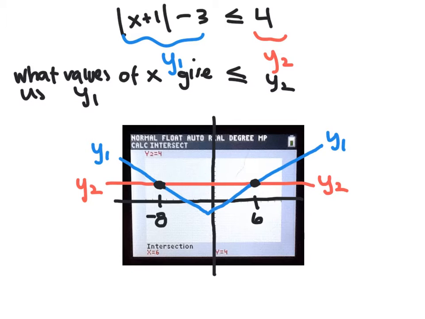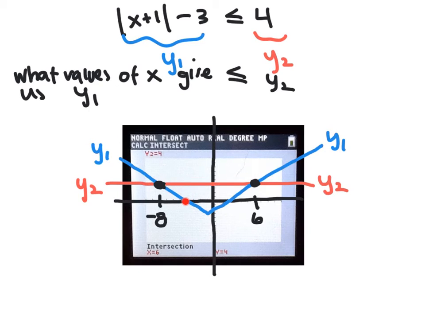So if I'm going to look at the interval from negative infinity to negative 8, notice that all my y1 values are above my y2 values for all these x values in this interval. And that is not what the inequality is asking for. So I know that is not the solution region. I'm then going to move over to the interval from negative 8 to positive 6 and look at all these x values in between here give me a y2 bigger than a y1.